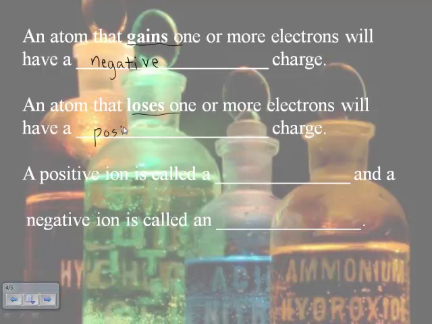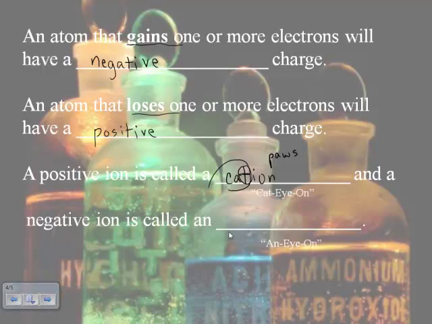Just like a person who's being very negative, they'd be a more positive person if they got rid of their negativity. And a positive ion has a special name: a cation, because cats have paws. So you can remember it by seeing this plus sign in the middle of the word.